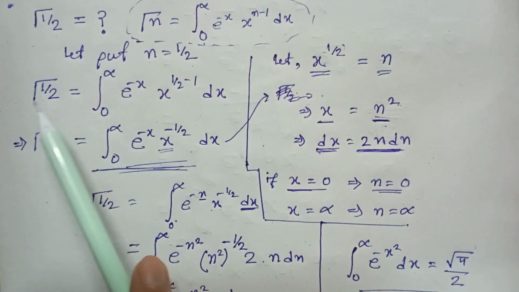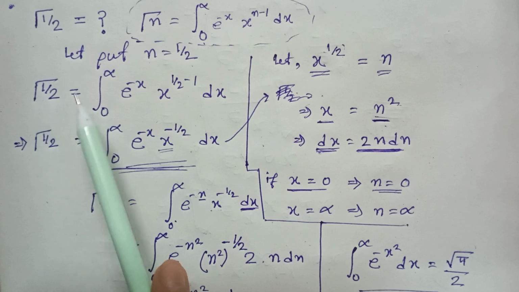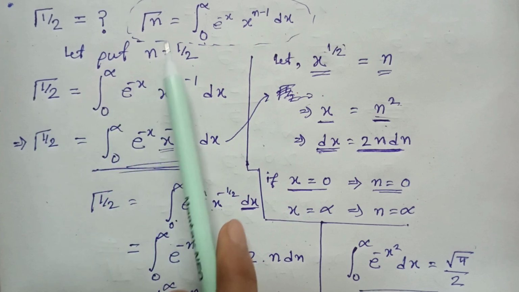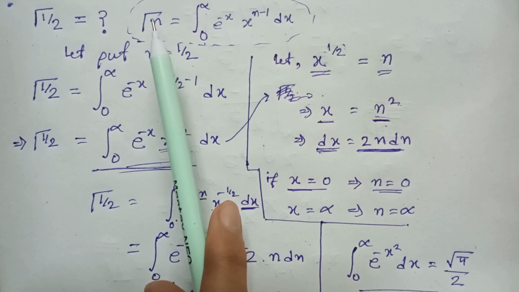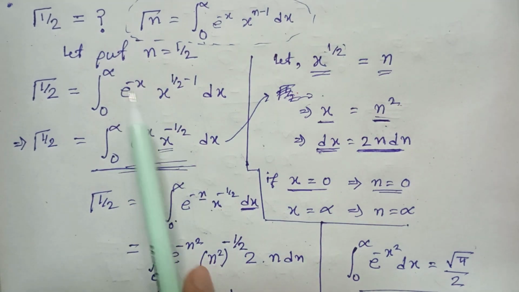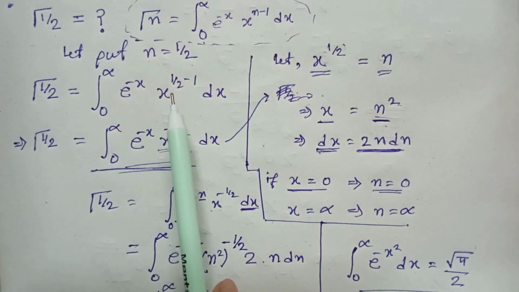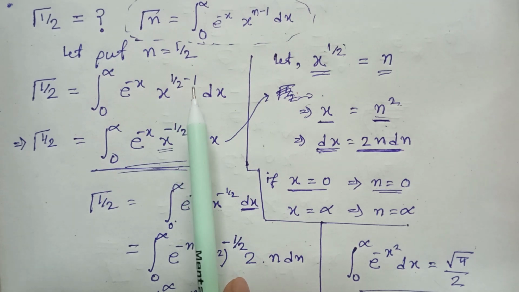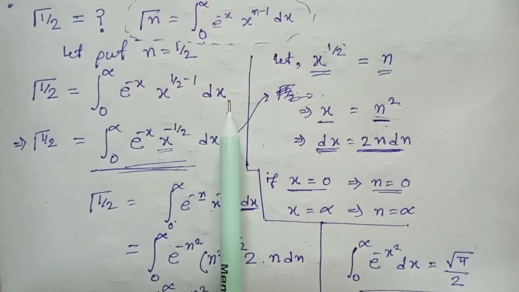Then we get e to the power minus x multiplied by x to the power 1 by 2 minus 1 dx.